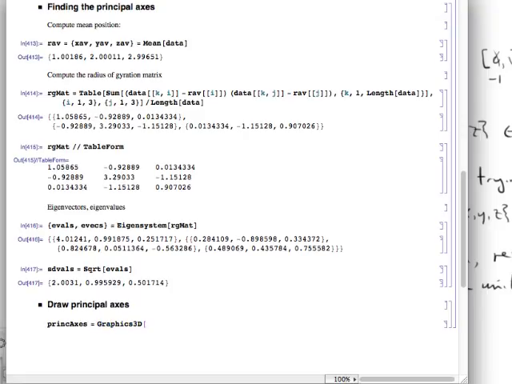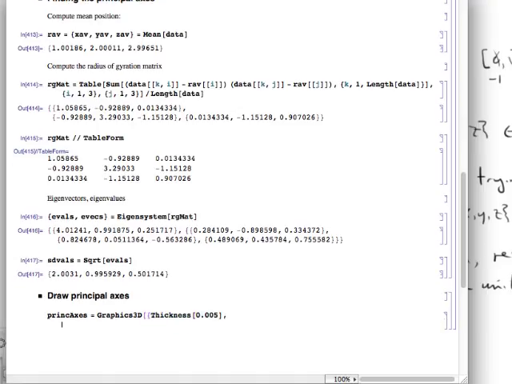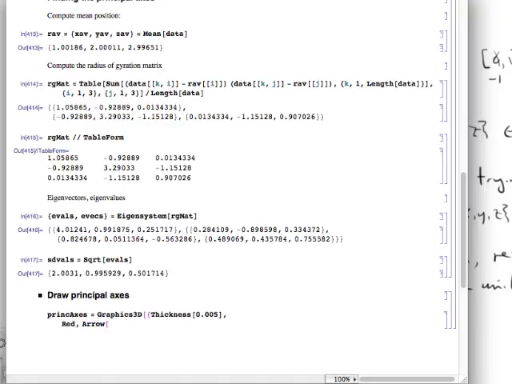I use Graphics3D to draw. I'm going to make a pretty choice for the thickness, or what turns out to be a pretty choice, and I'll choose different lengths, different colors for these different vectors, which are going to go always from the origin to the origin shifted by some amount.